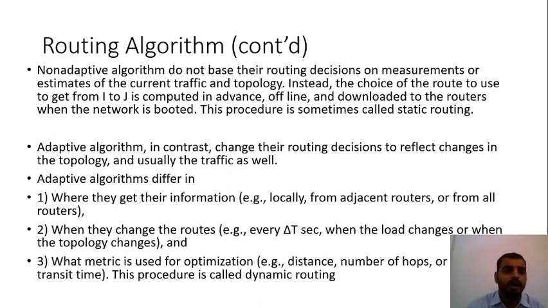Where it comes to the adaptive algorithm, in contrast, it changes the routing decisions to reflect changes in the topology and usually the traffic as well. It means it is totally dependent on the network, the type of congestion that is there, and the type of network or topology that we are using.